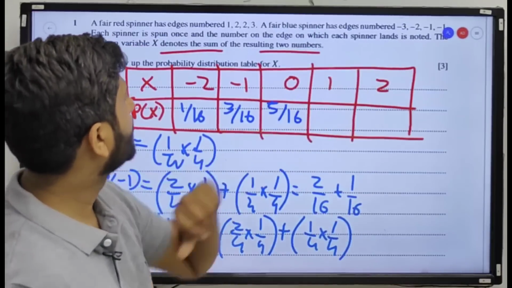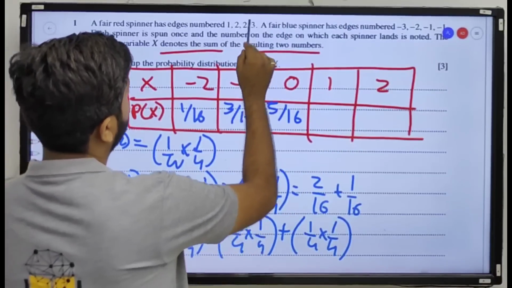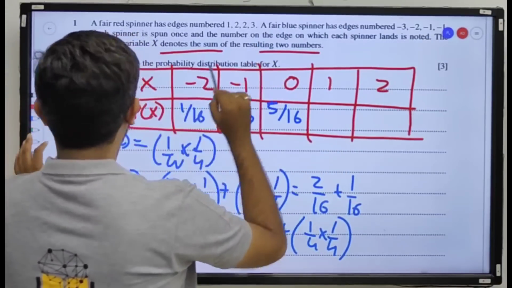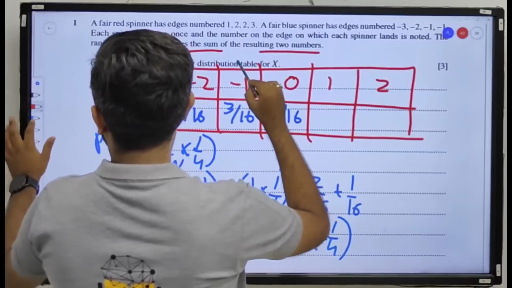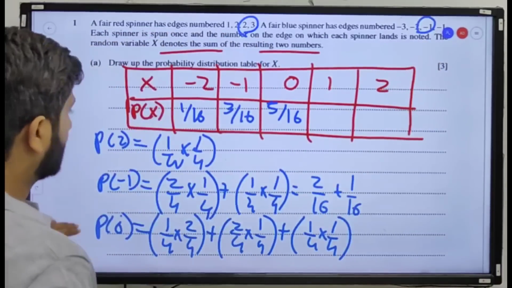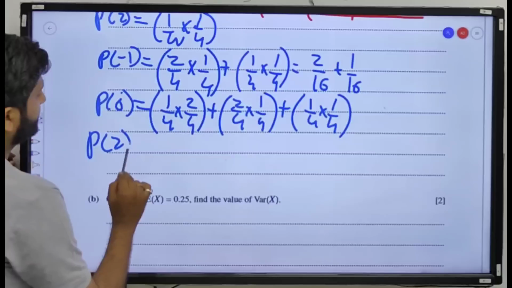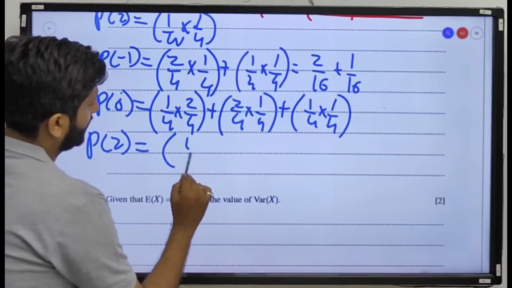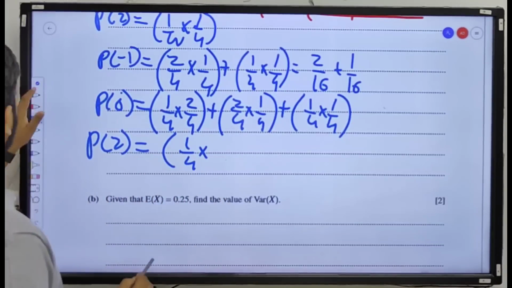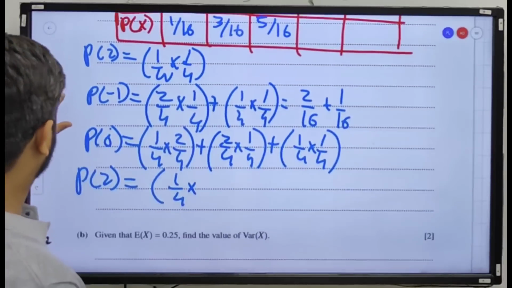Now let me find the probability of getting 2. How can I get 2? If I have 3 and -1. Probability of getting 3 is 1 by 4, and probability of getting -1 is 2 by 4.